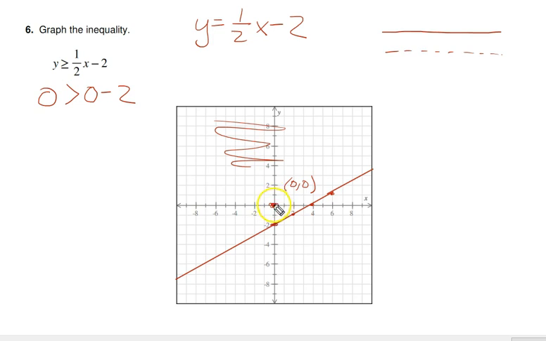This trial point here is in the area of solution. Now, if you did another point down here and put that in there, that would not be a true statement. So this is not the area. Here is the area.